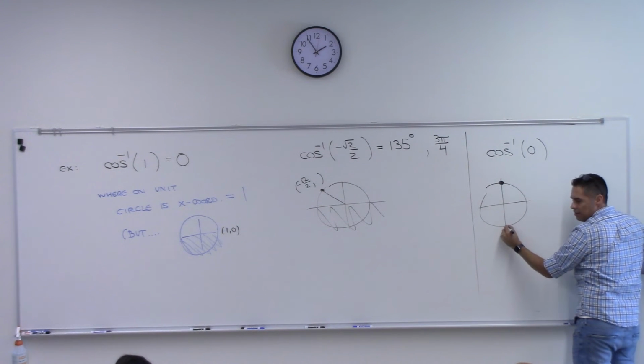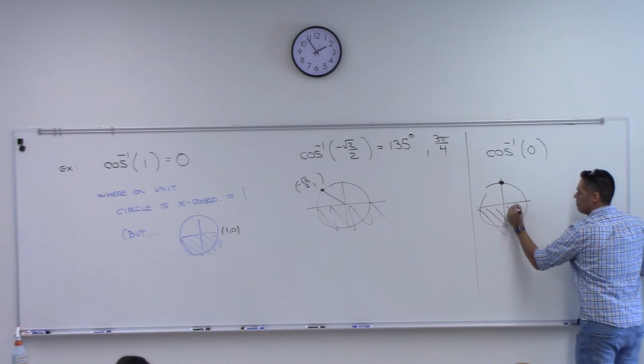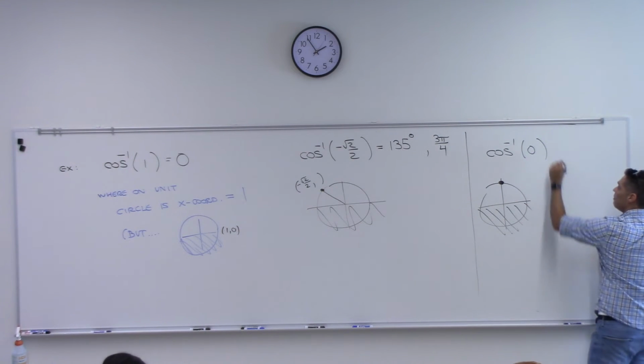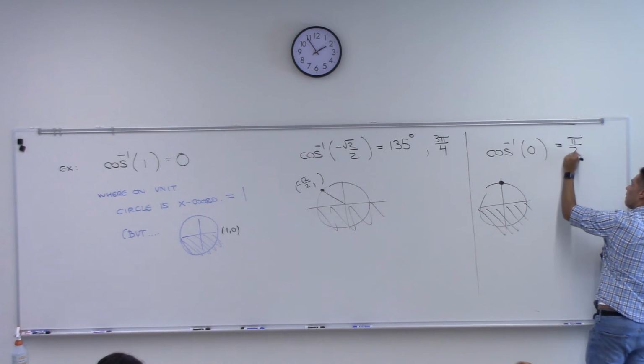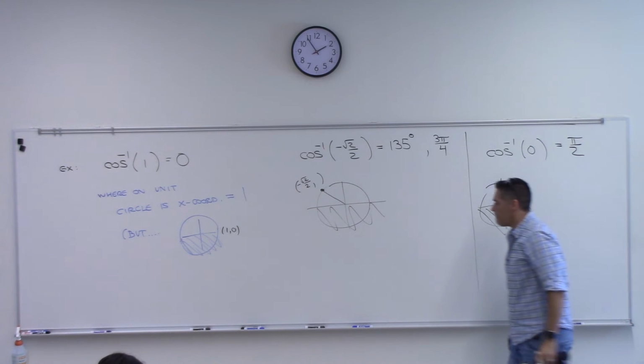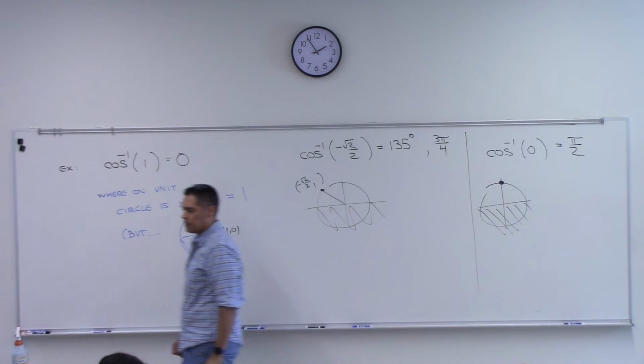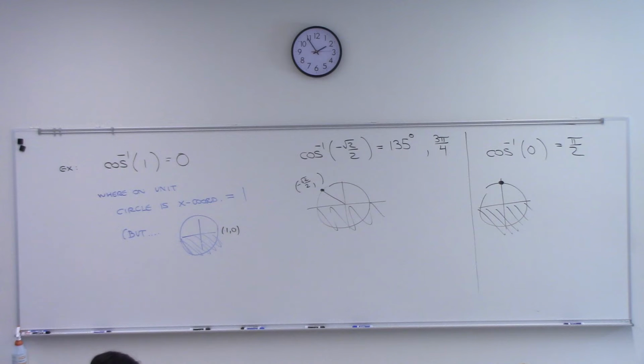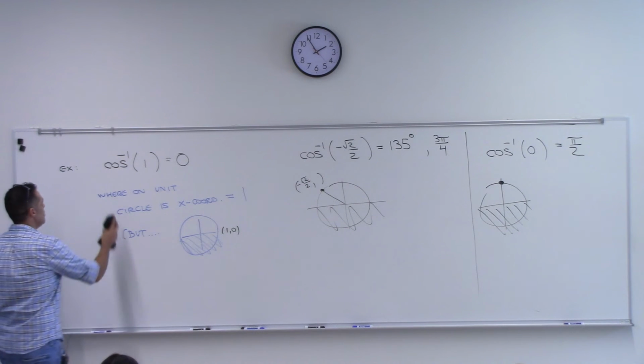And you're not allowed down here, right? Off limits. So pi over 2. I think y'all are getting this. Any questions? We'll do maybe one or two more.